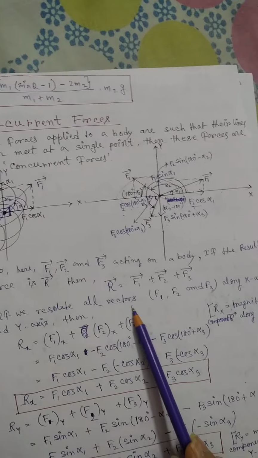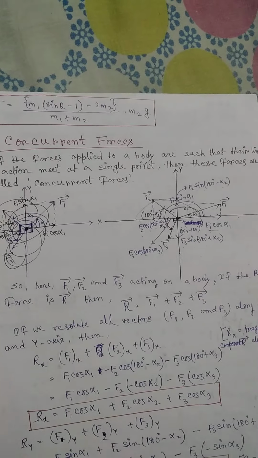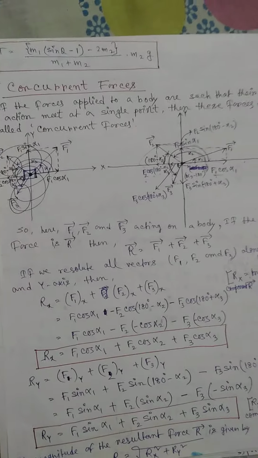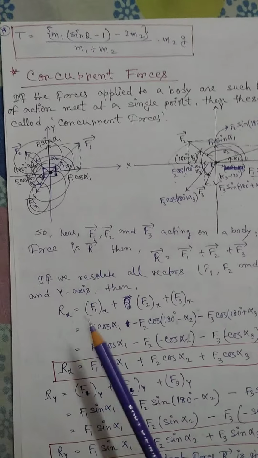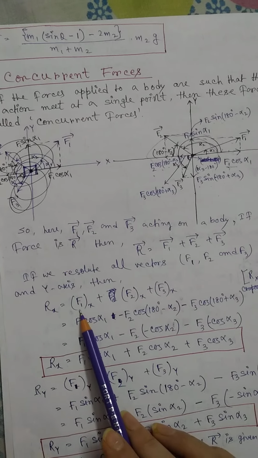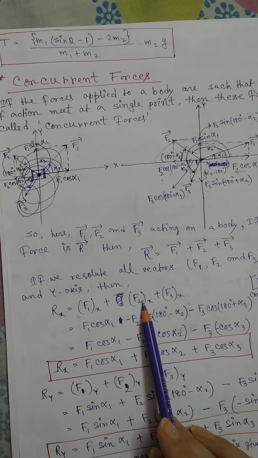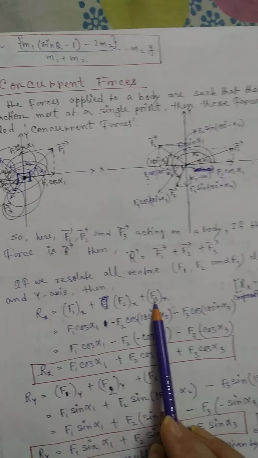If we resolve all the vectors F1, F2, F3 along x-axis and y-axis, then we can write Rx. What is Rx? Rx is the resultant vector along x-axis. So obviously Rx equals component of F1 vector along x-axis plus component of F2 vector along x-axis plus component of F3 along x-axis.